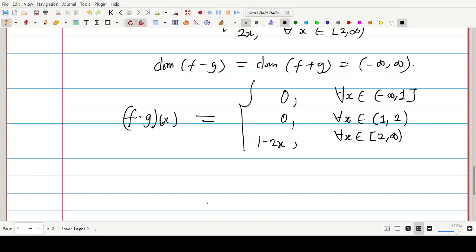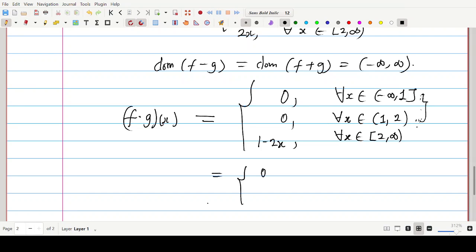Now, if you observe carefully, you see that these two scenarios have the same value on the interval. So this function can also be written as 0.